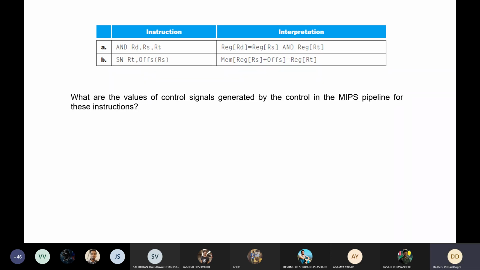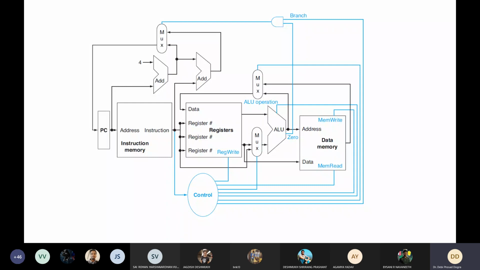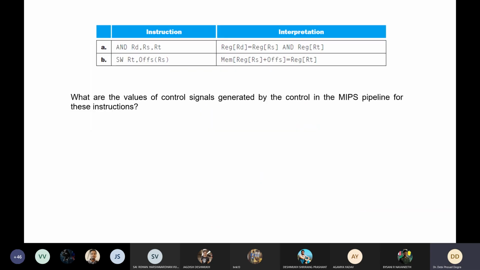With respect to this circuit, you need to write down the control signals needed for this. Take 10 minutes and work it out using your notebook. Can you go to the next slide once?